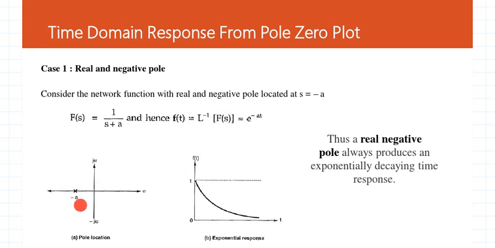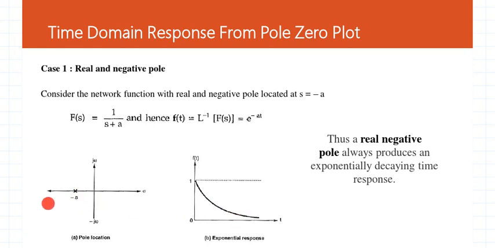Therefore, a pole on the left half of the S-plane always gives us a stable nature of output, because the magnitude remains finite as time tends to infinity. If such is the output, we say the output is of stable nature.